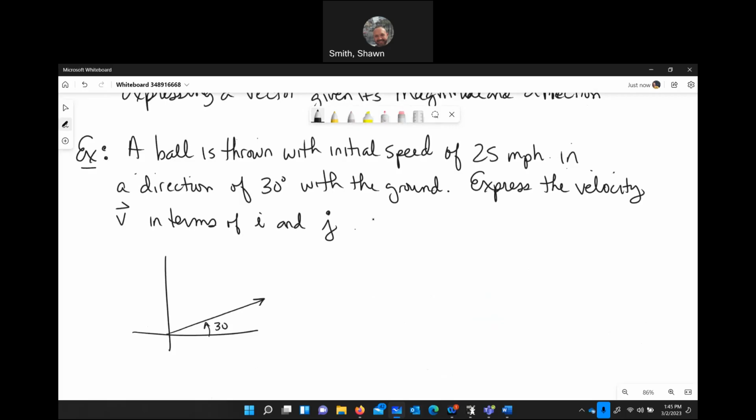The magnitude. Remember, a vector is magnitude and direction. We've got the direction. What's the magnitude? 25. Speed with direction is velocity, right?